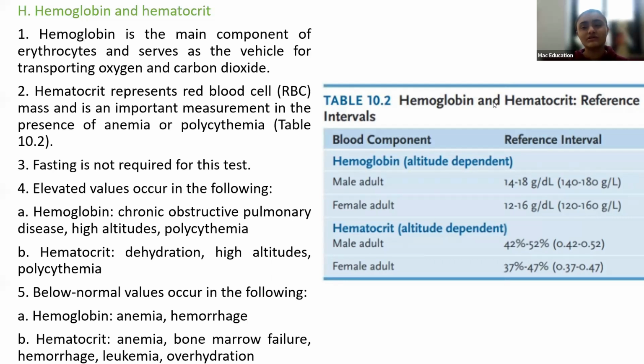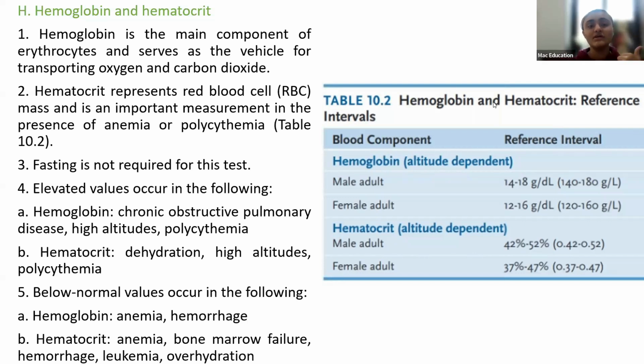That all comes under the renal studies: creatinine and BUN, HbA1c, blood urea. That comes under renal studies, but one is still remaining. Lipids, yes. So let's do a quick revision of our previous class.